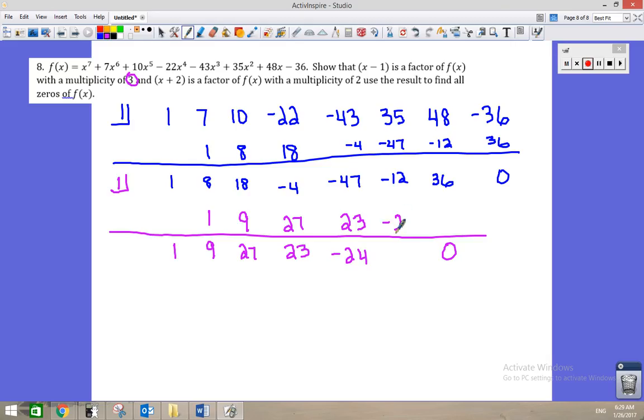Now, I think no. I thought I made a mistake there for a second, but no, I didn't. Okay. So since it's a multiplicity 3, I can do it again. And again, I'm expecting a 0 right here.